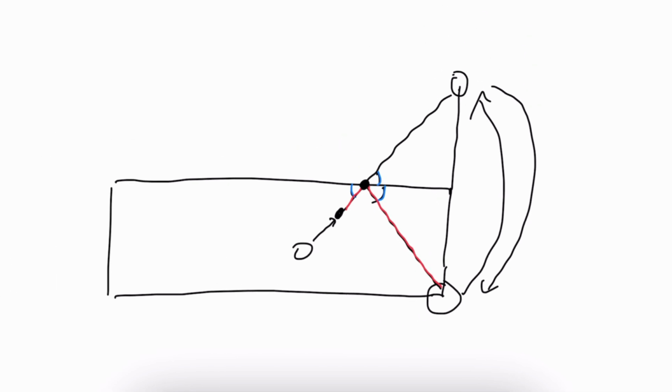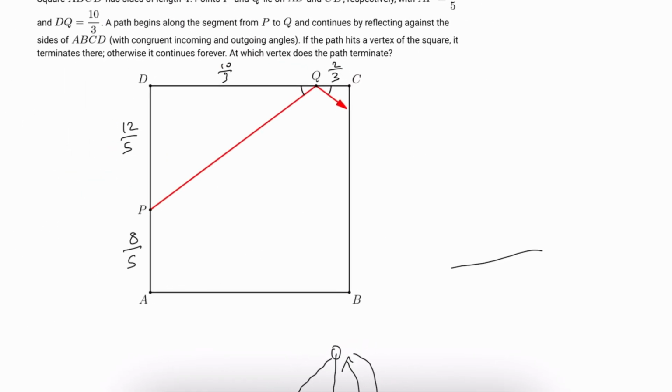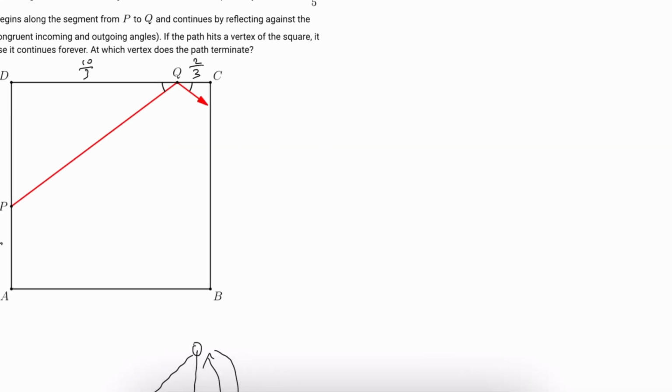So that's the idea in pool or billiards, and we can use a similar idea here, where, again, instead of reflecting the line every time it hits an edge, we reflect the board every single time.